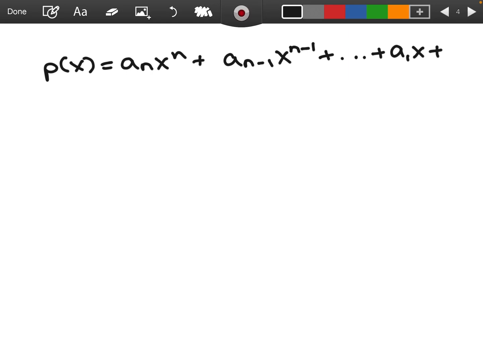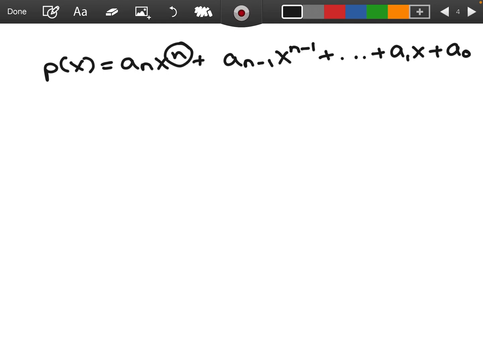The next thing I want to look at is the degree of a polynomial function. This is just a definition. When we look at our polynomials, I'm going to quickly write out the form of a polynomial again. This is a polynomial.